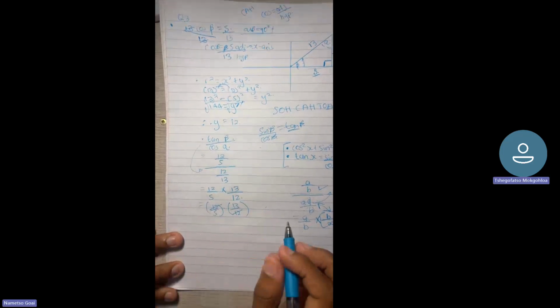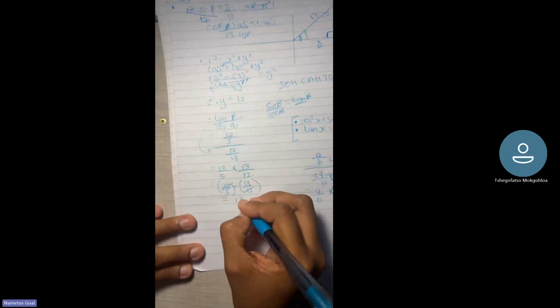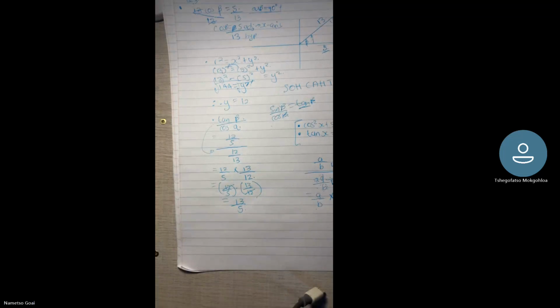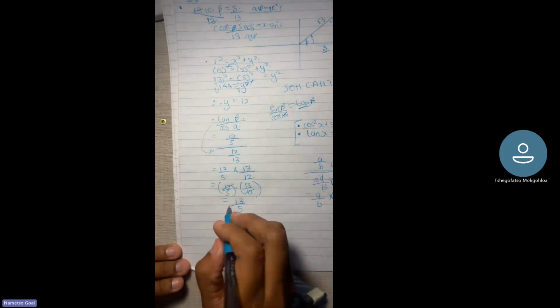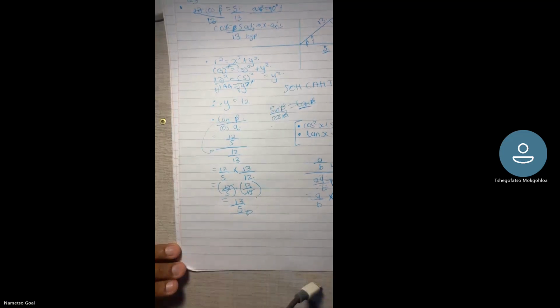Yes, exactly. They will cancel because they're the same. Now we'll just be left with 13 divided by 5, right? So this will be our final answer. You get it?